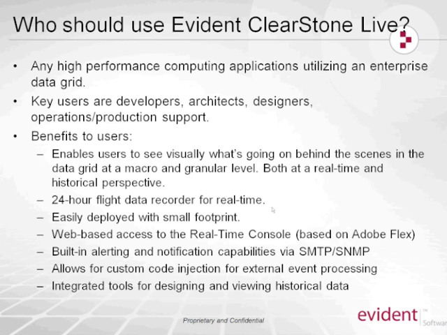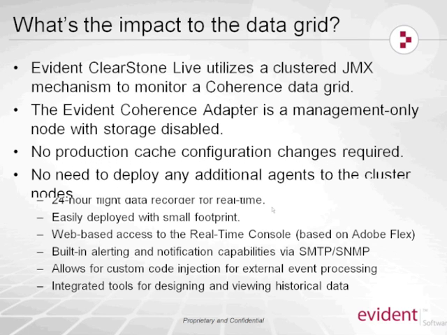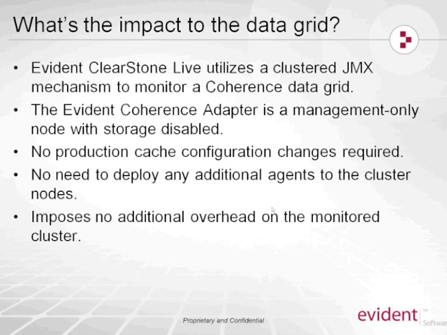As far as our integration with your data grid is concerned, it's a very easy to install product. It requires no changes to your cluster and no changes to your cache configuration files. The only thing we need from your end is your network configuration, specifically the multicast or unicast address list. That's how we deploy the Evident Coherence adapter as a management node in your cluster.